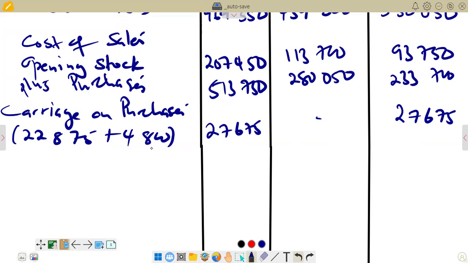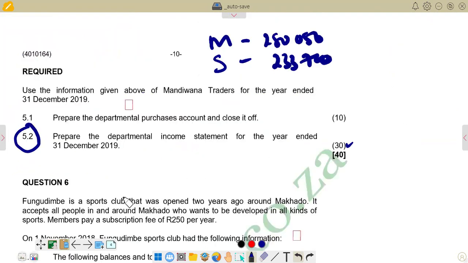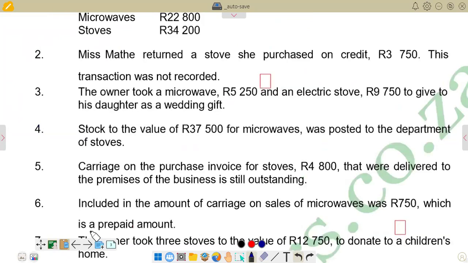And then we less closing stock. We less our closing stock. We get the closing stock in the additional information, remember. So we go to the additional information to see what we have in terms of our closing stock.